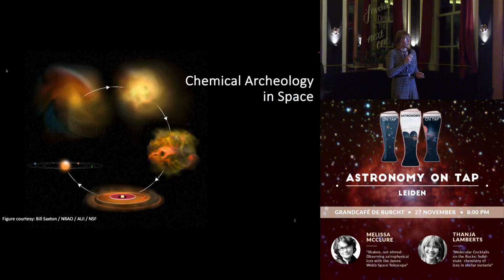Okay, so this is a way that I like to think about astrochemistry, which is by thinking that actually what we are doing is chemical archaeology in space. So what we see depicted here is a very nice artist impression of a kind of life cycle.